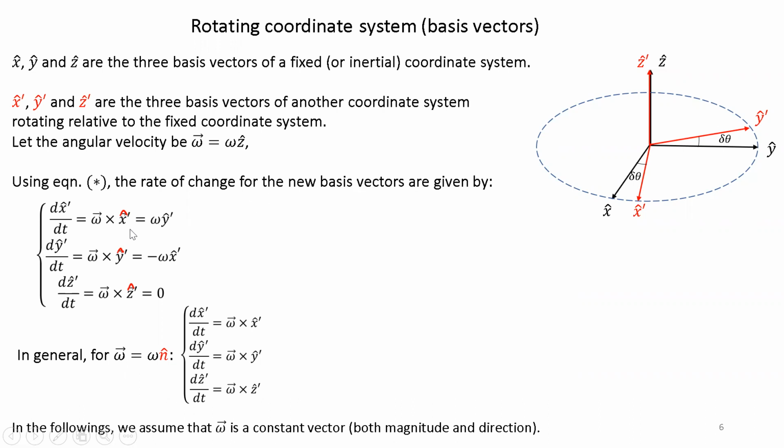Be careful, now this x hat prime and y hat prime are all functions of time. So dx hat prime dt is omega y hat prime, and y hat prime itself is also time dependent, because dy hat prime dt goes back to minus omega x hat prime.